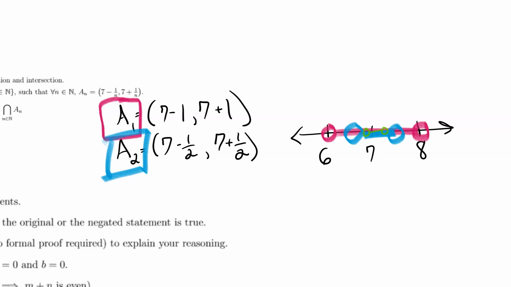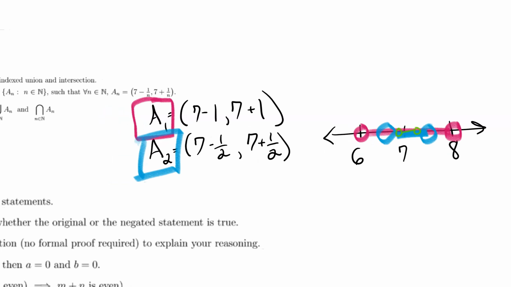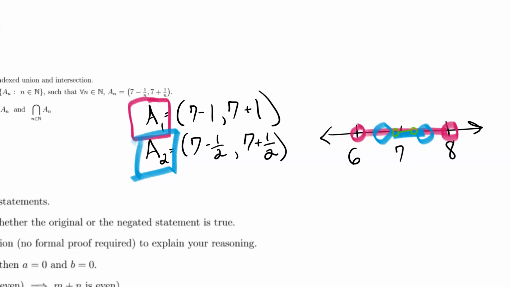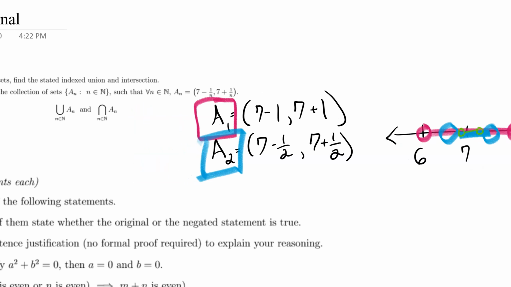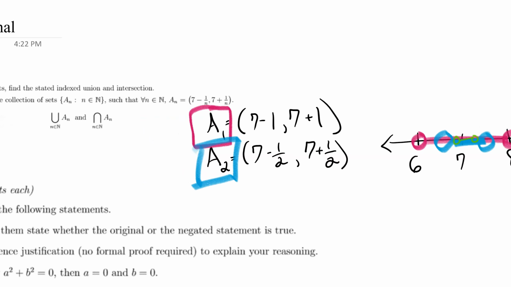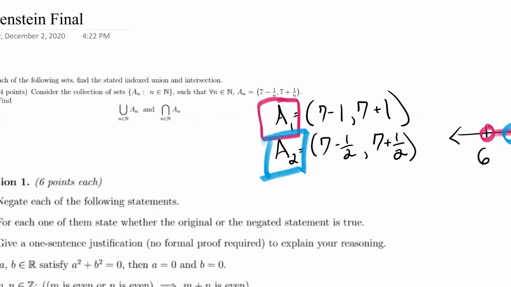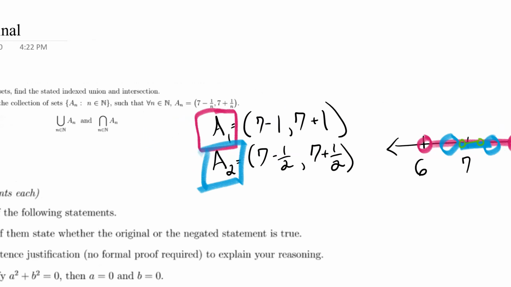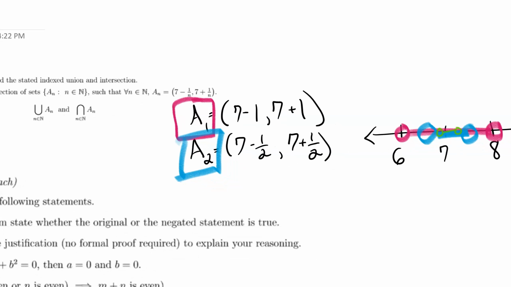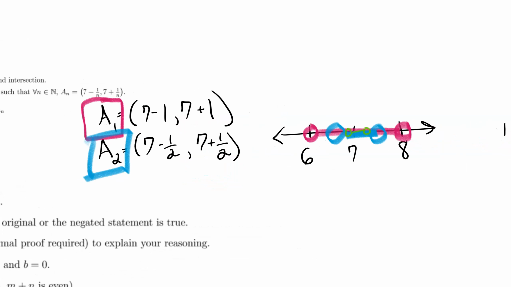So what ends up happening is that the intersection keeps chopping off these bits, because remember, the intersection only cares about where they all overlap. So the intersection is going to be where this is all heading. Well, it's actually heading to 7, isn't it?